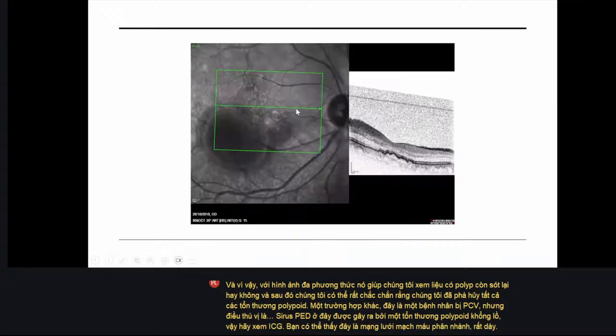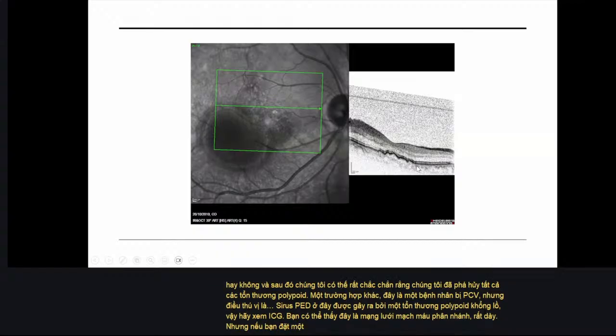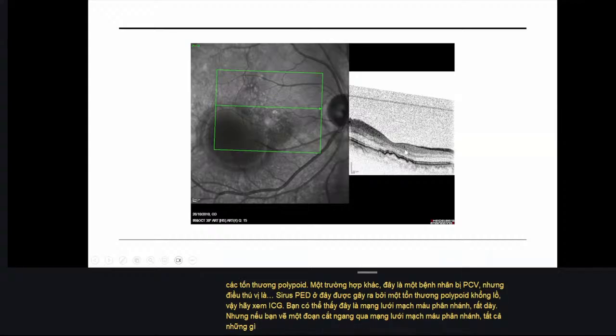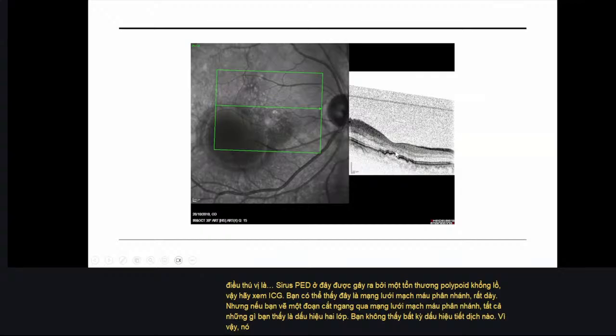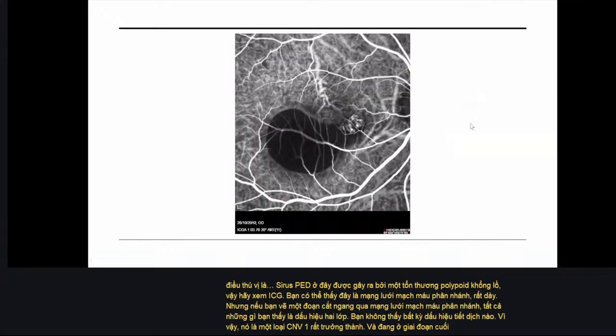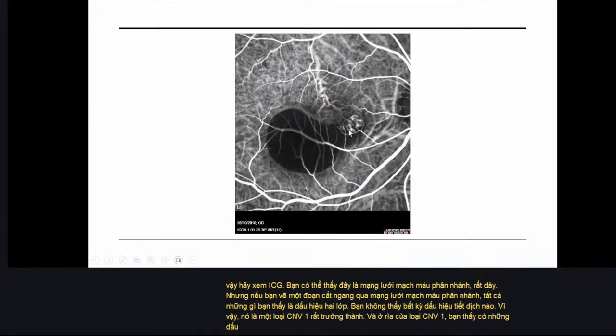But if you put a cross section across the branching vascular network, all you see is the double layer sign. You don't see any exudation. So it's a very mature type 1 CNV. And at the edge of the type 1 CNV, you see a bunch-of-grapes appearance of polypoidal lesion right here.